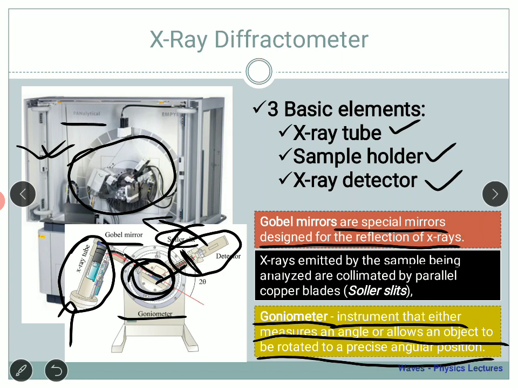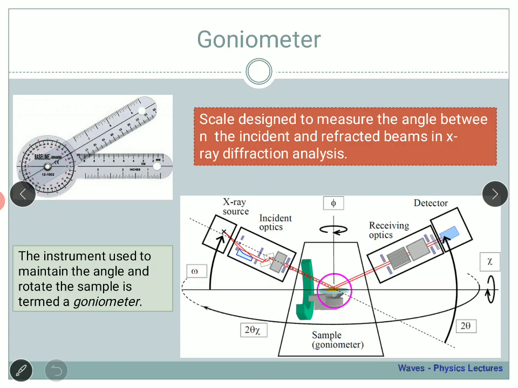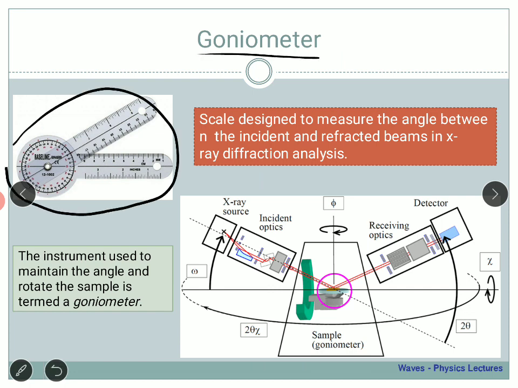What are the three basic elements of an X-ray diffractometer? Now if you go into the details of the goniometer, I think this is something which you might have seen or even used in your classes. Sometimes it's also available in a normal standard geometry box. Okay, and this is basically a goniometer. So this is a scale and this is also a scale, and if you want to measure the angle you can use this.